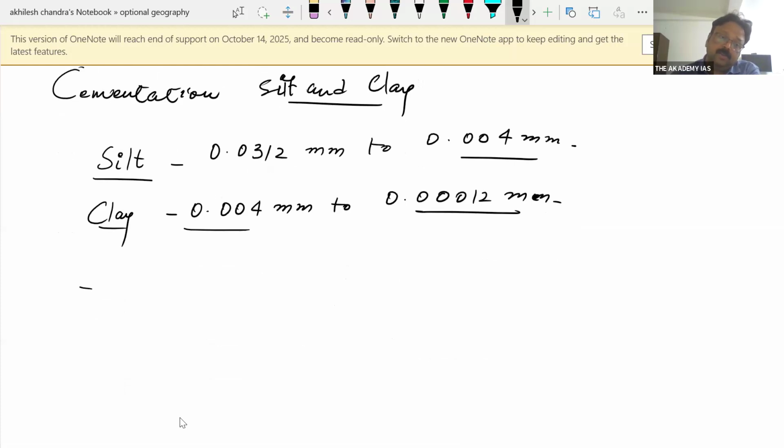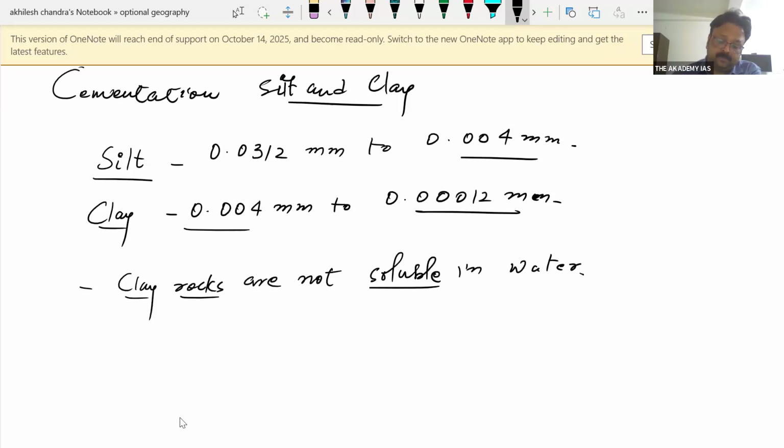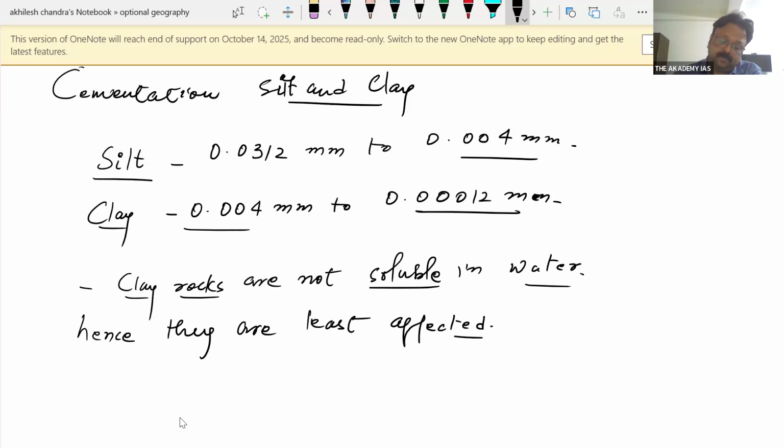Fine. Clay rocks are not soluble in water. Hence, they are least affected by chemical weathering.